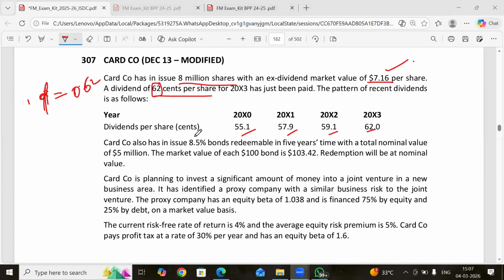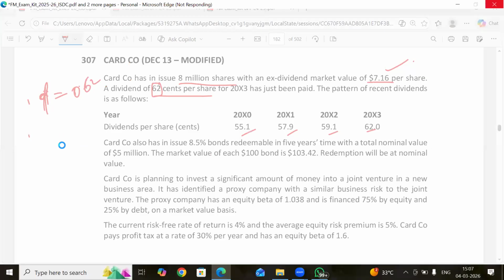So the information is very relevant, and they're asking you to find out the cost of equity. And for that, they are asking you to use which model? Dividend growth model. Can you tell me the formula for the dividend growth model? Dividend by price.